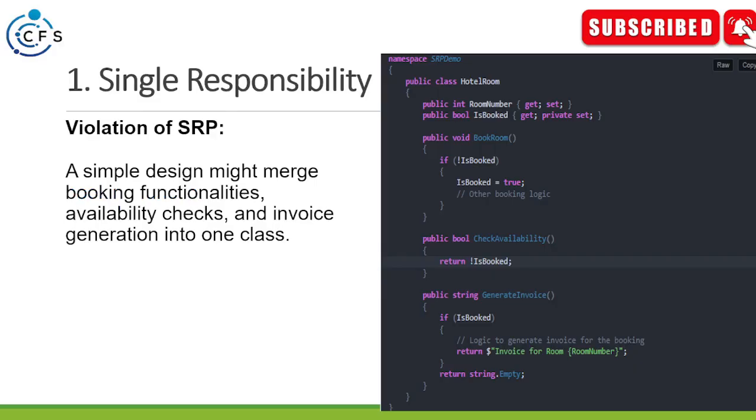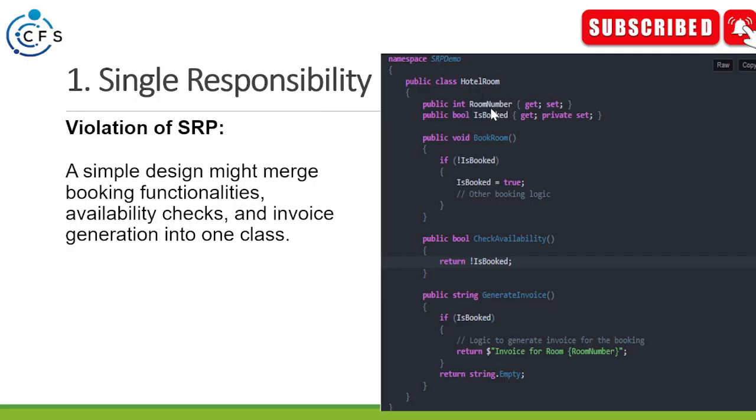This is an example of violation of the single responsibility principle, where a simple design might merge booking functionality, availability check and invoice generation into one class. And that's what we can see. We have a HotelRoom class.